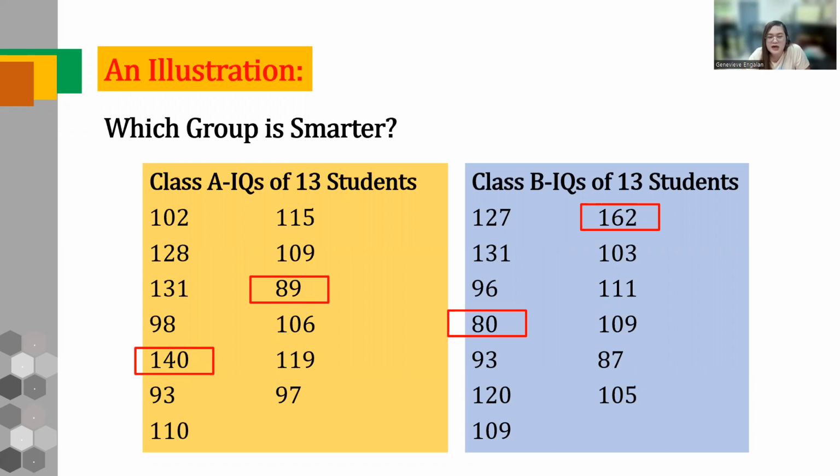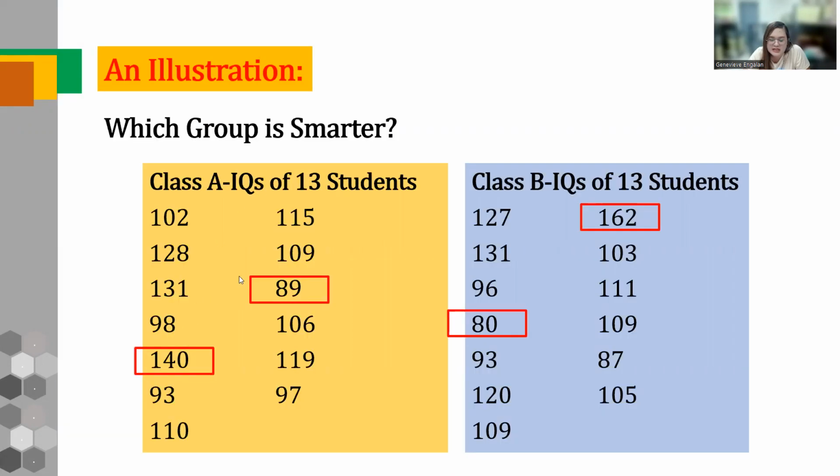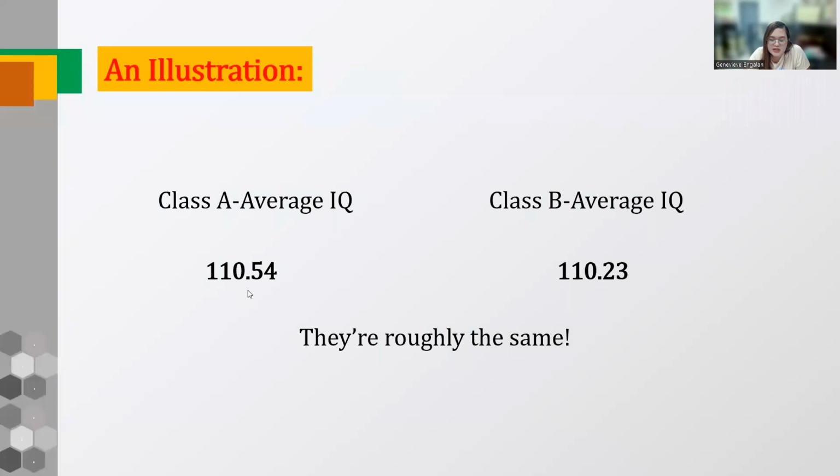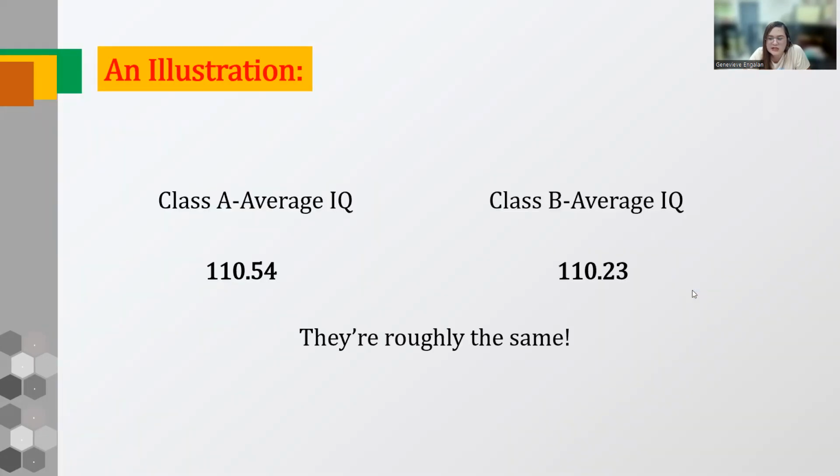So dira mo sulod ang measures of central tendency. So kung kwaon nato ang average, ang average sa class A is 110.54 while ang average sa class B is 110.23. So as you can see, naa tay number nga nag-represent sa IQ sa class A, and number nga nag-represent sa average IQ sa class B.